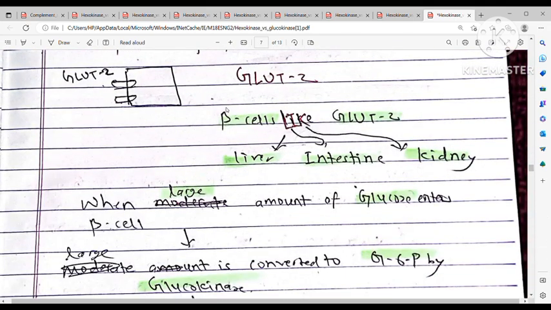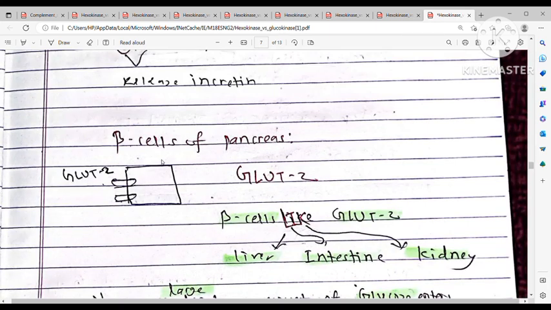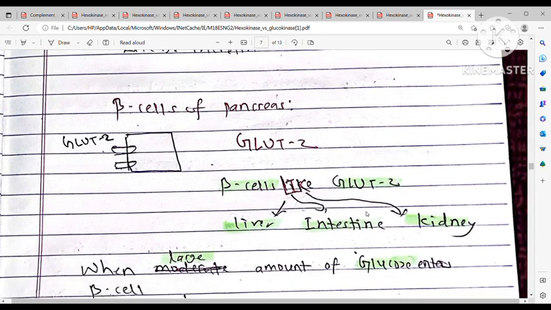Beta cells of the pancreas have GLUT2. The trick to remember where GLUT2 is found: beta cells, like GLUT2. Beta cells of the pancreas, liver, intestine, and kidney have GLUT2.